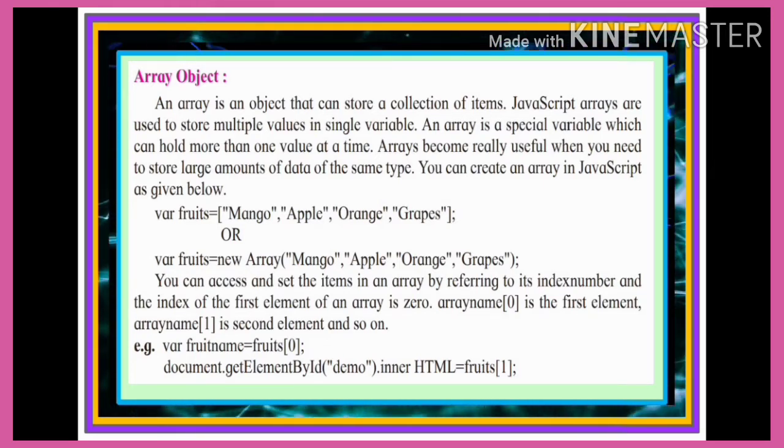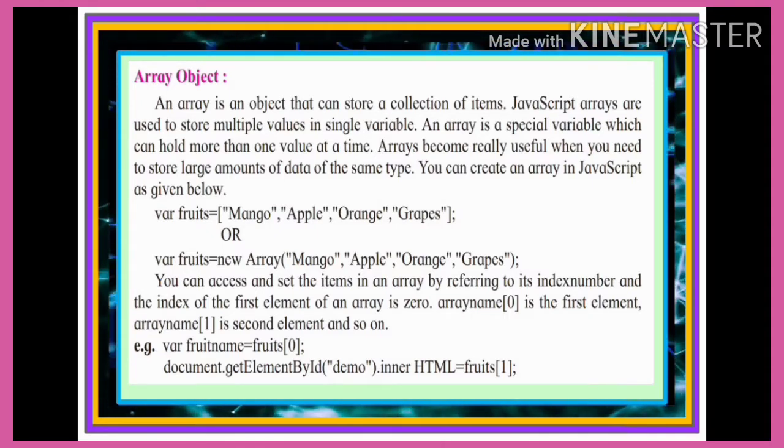You can access and set the items in an array by referring to its index number, and the index of the first element of an array is 0. Array name with position 0 in brackets is the first element, array[1] is the second element and so on. So it will start from the 0 index number. First element is 0, second is 1, likewise.